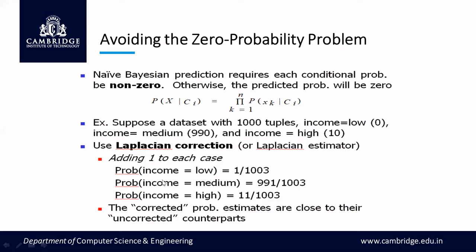This is one of the pre-processing steps that you will do. If you find the probability reaching 0, you can avoid it by applying Laplacian correction to it. This helps you to find the correct estimate of probabilities.